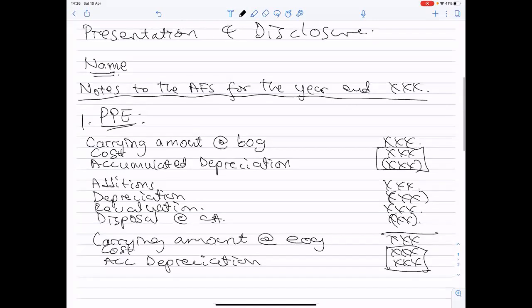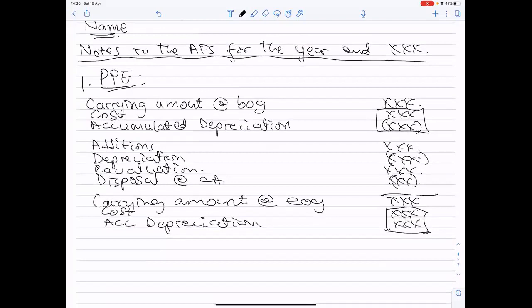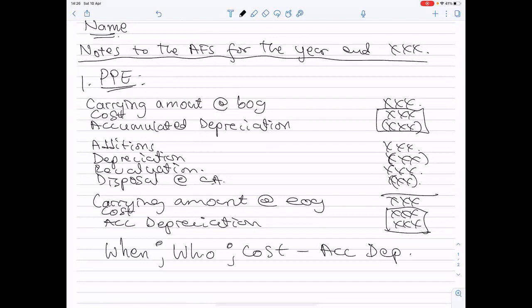So then at the bottom of your note, you are going to state when, who, and the cost minus accumulated depreciation. So in this case, what we are simply saying, we are going to state that the asset was revalued on this date by an independent sworn appraiser.